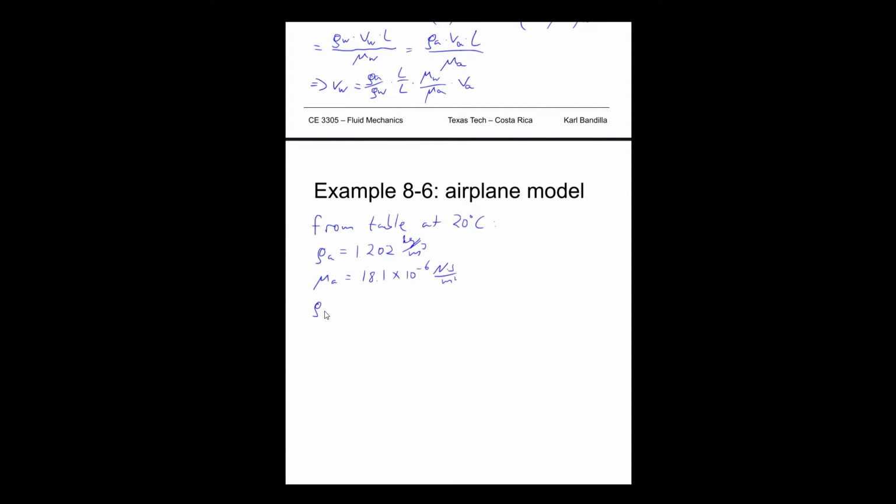Rho water is equal to 989.3 kilograms per cubic meter. And mu water is equal to 1.00 times 10 to the minus 3 Newton seconds over meter squared.